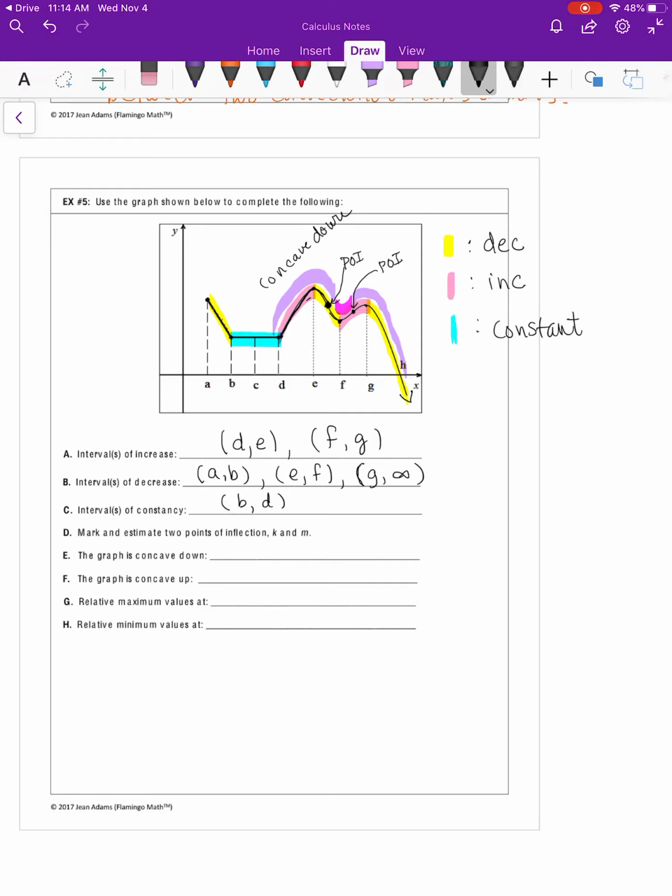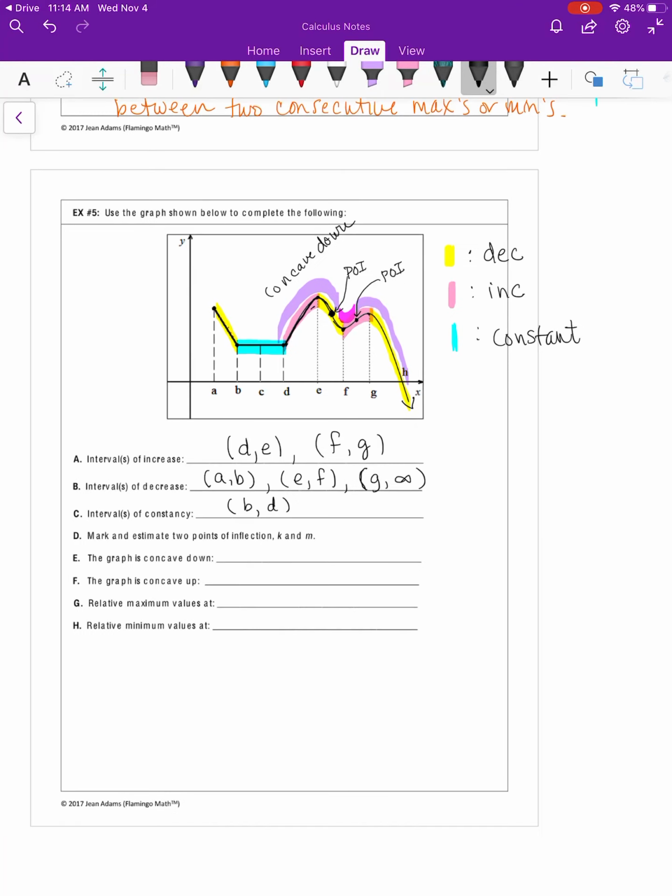So now let's go back and try to answer our questions. The graph is concave down. We said concave down was that purple. So it's concave down from D, and I'm going to label my points of inflection K here and M here. So we could follow that down. K is just the X value of the point.